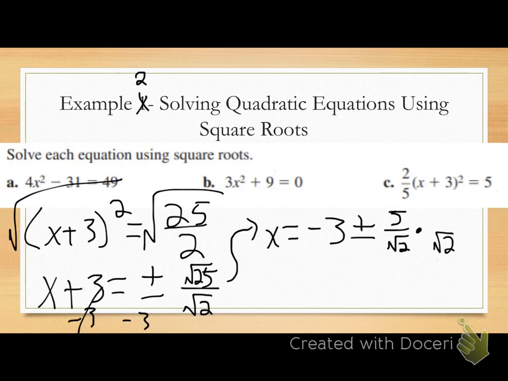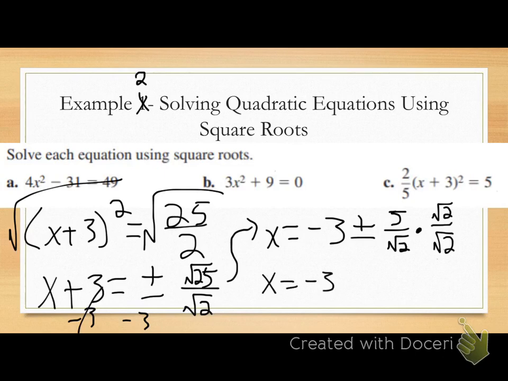The same thing, because square root of 2 over the square root of 2 is 1. Anything over itself is 1. So I'm multiplying 5 over square root of 2 by this special form of 1, keeping it equivalent. Does that make sense? And we'll see how this gets rid of the radical in the denominator.